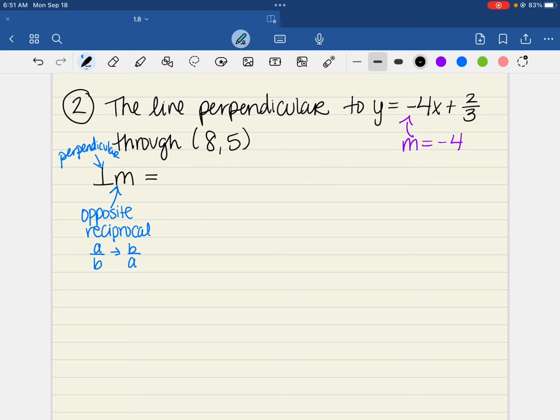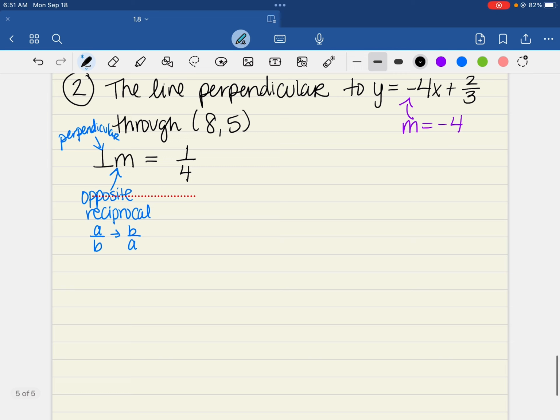Now what would be the opposite reciprocal of -4? Well, we know it would have to be a positive number, and the reciprocal of 4 would be 1/4. So therefore my perpendicular slope is 1/4. And again, the point we're going through is (8, 5).